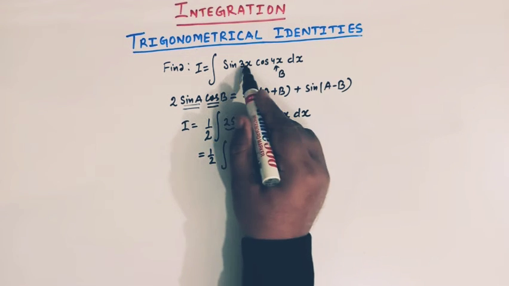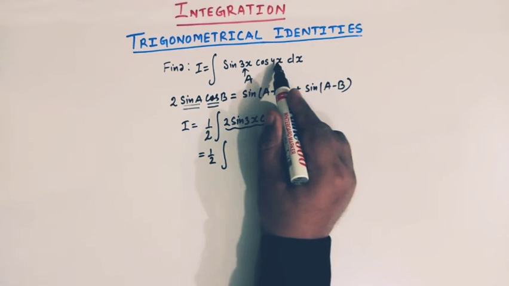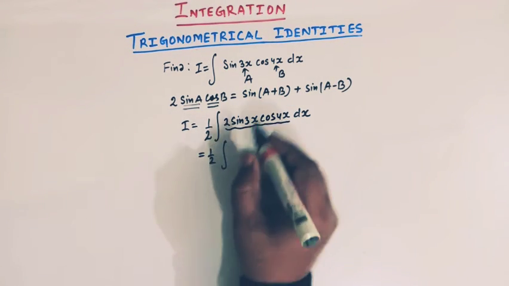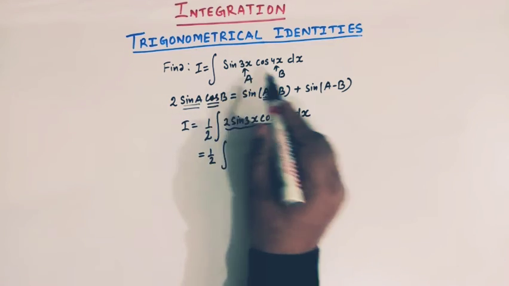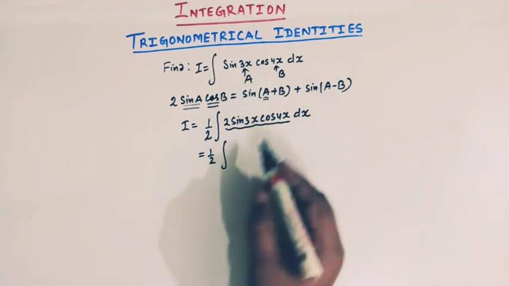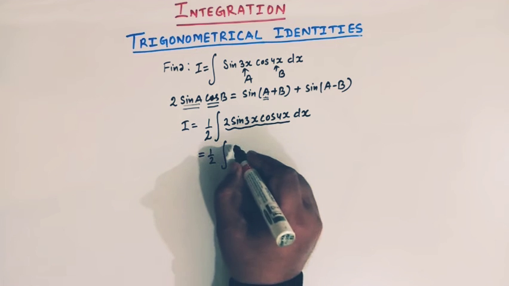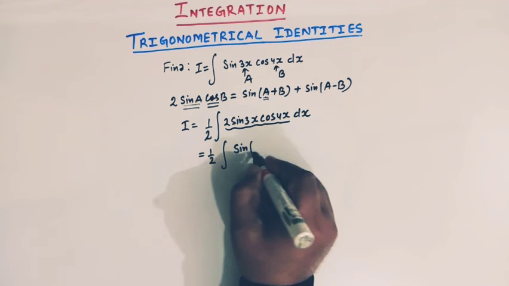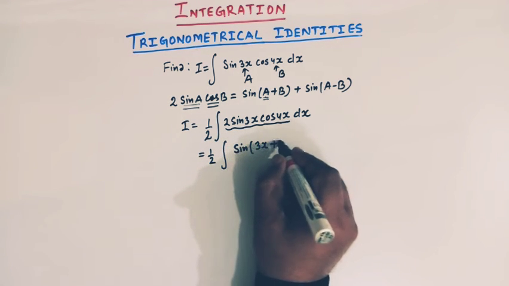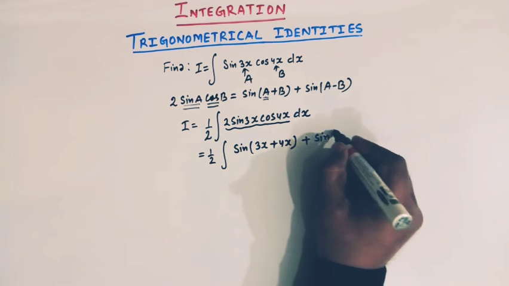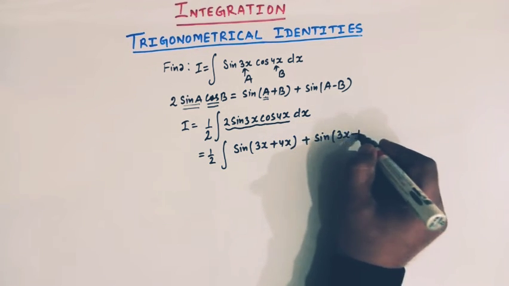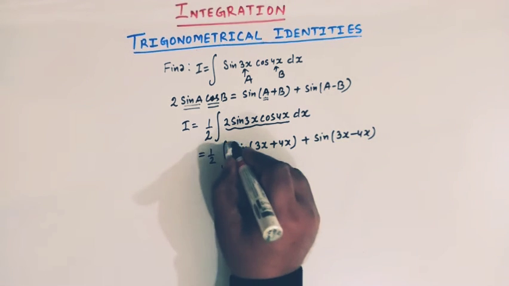Now for A we have 3x and for B we have 4x. So here we'll substitute the value of A as 3x and B as 4x. So this integral now becomes sine 3x plus 4x plus sine 3x minus 4x, right?